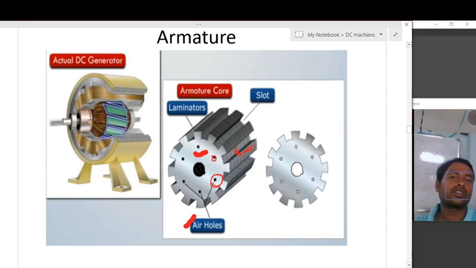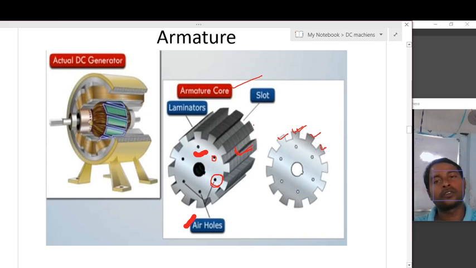These are the slots. Slots are just like a textbook: if you take a textbook, individual papers are there, and by adding more papers you make a textbook. These are small plates like that. By putting all the slots together, we make the armature core. We provide laminated slots to reduce the eddy current losses, and between the laminations we should place insulation.